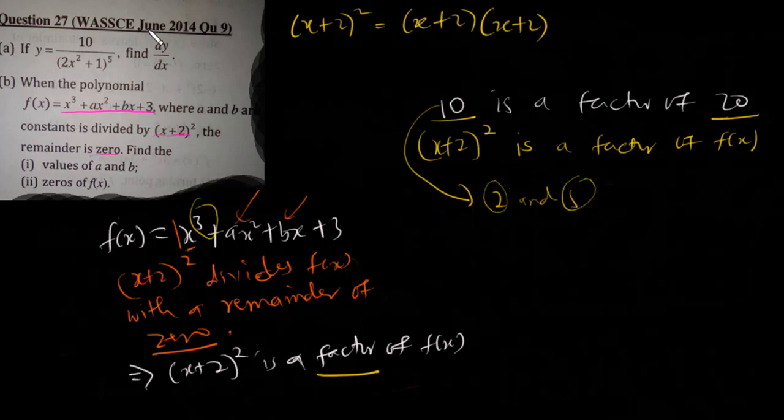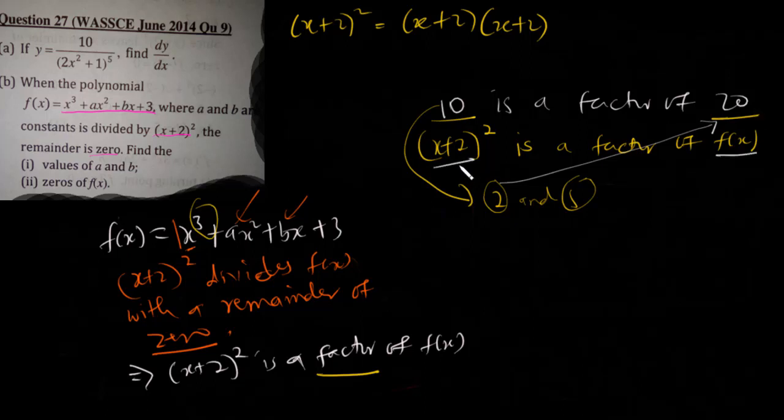So can 2 and 5 also divide 20 with a remainder of 0? Is 2 a factor of 20? Yes. Is 5 a factor of 20? Yes. So because 10 is a factor of 20, factors of 10 will also be factors of 20.